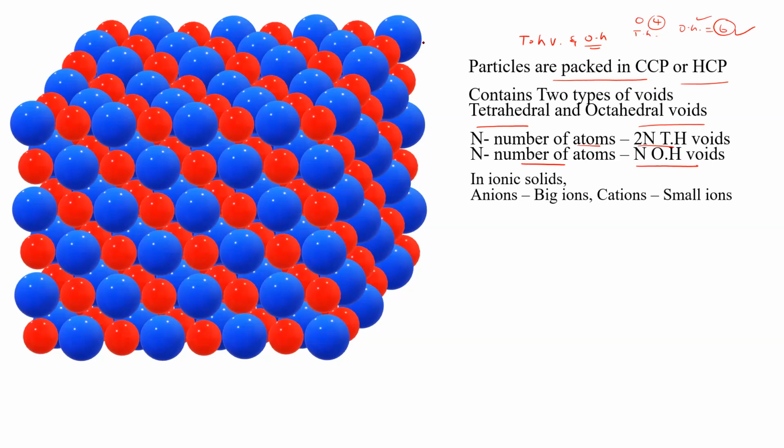And here we have taken an ionic compound like NaCl. Consider this NaCl. The smaller ions are called cations and the bigger ions are called anions. So which one is the anion, Na plus or Cl minus?